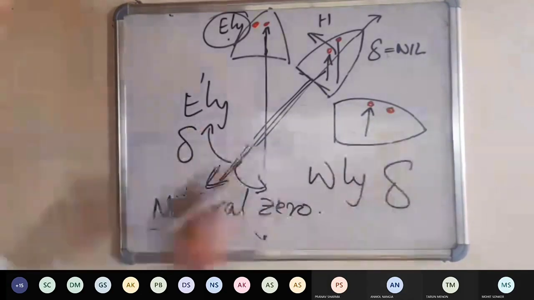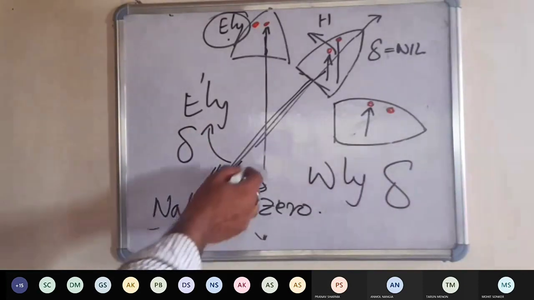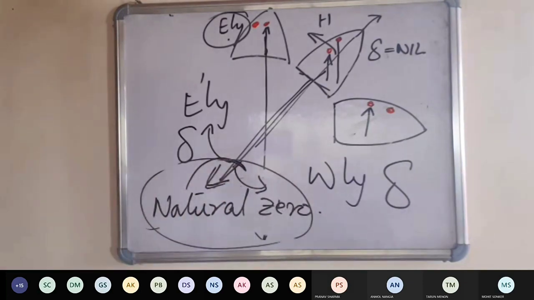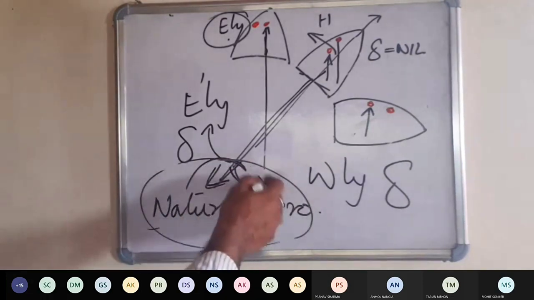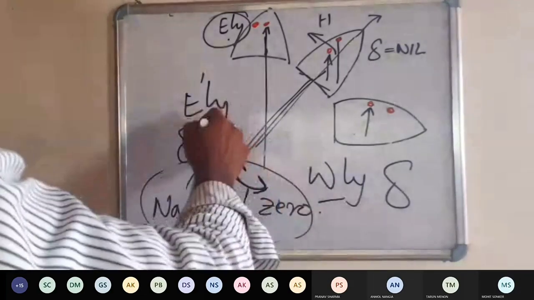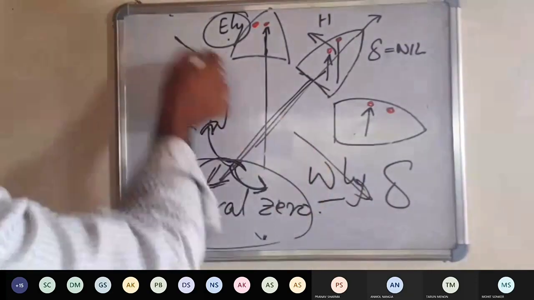So we are taking the reference of the natural zero, and in that reference we see that to the left of this is westerly, to the right of this is easterly, which was also the case in this case.